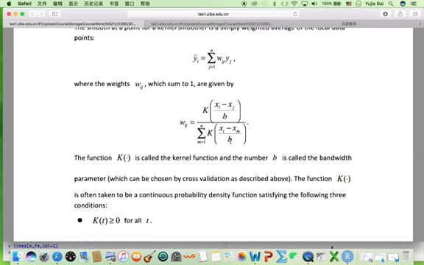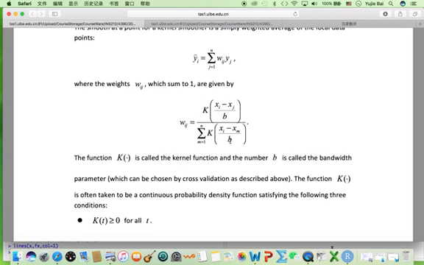And if the B value is large, which means that we consider wider neighborhoods, then we can give more attention to the smoothness rather than the goodness of fit.